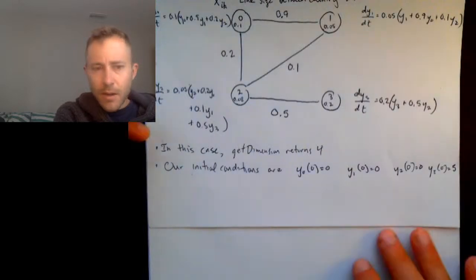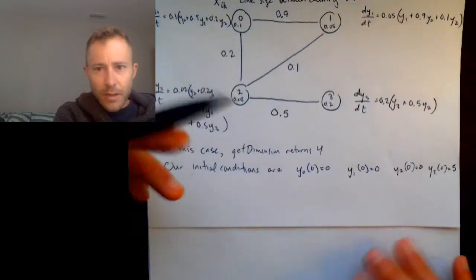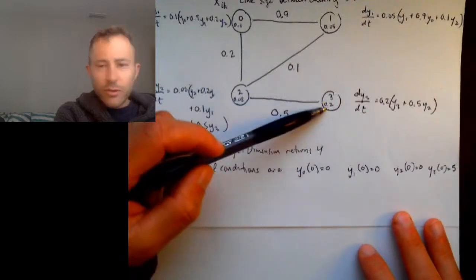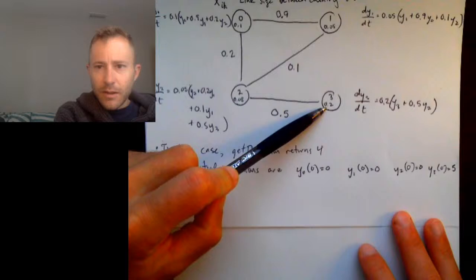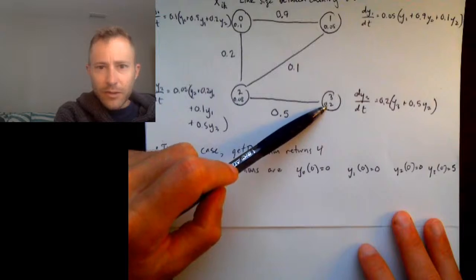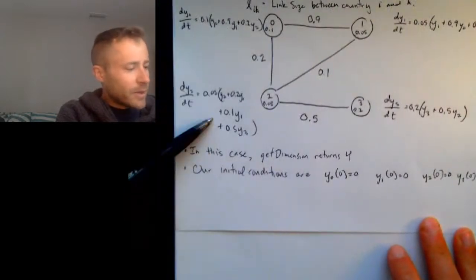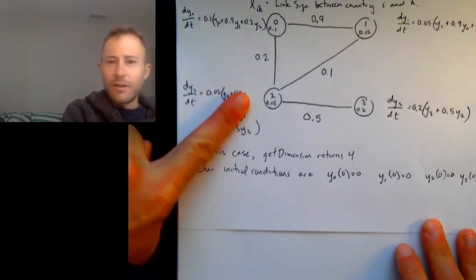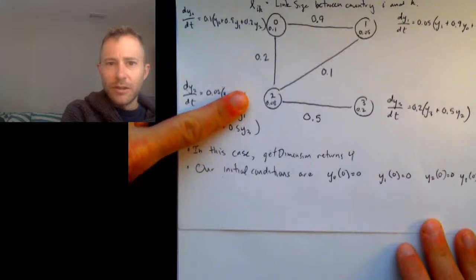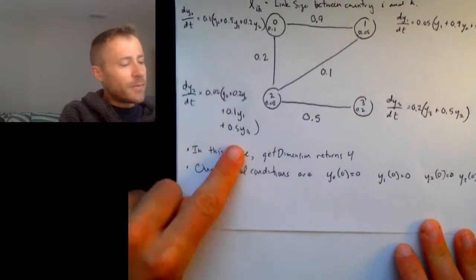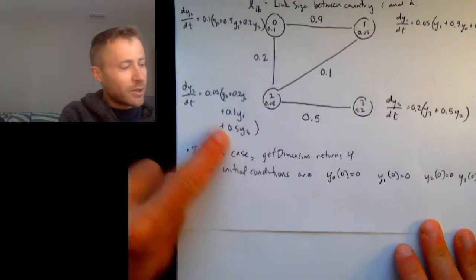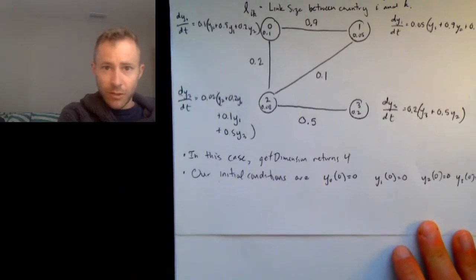What's going to happen is that country 3 has 5 cases. So we can see that country 2, country 0, and country 1 won't make the number of cases in country 2 grow. But country 3 has some cases, so that's going to cause country 2's case rate to grow.